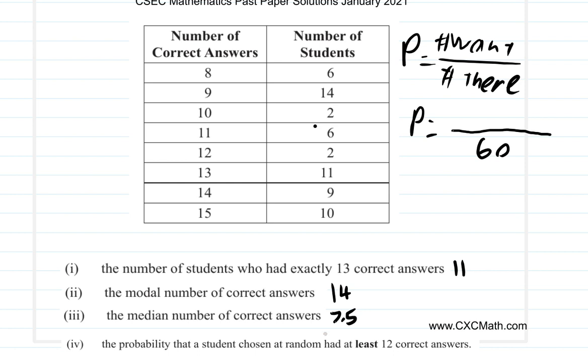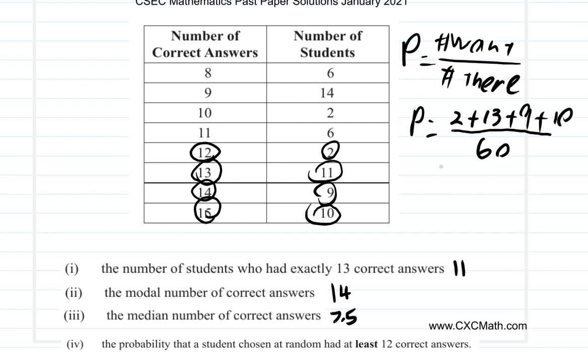Alright, 12 correct answers. There are 2 students with 12, plus, how many got 13? 11 of them got 13, plus, how many got 14? That's 9, plus, how many got 15? That's 10.